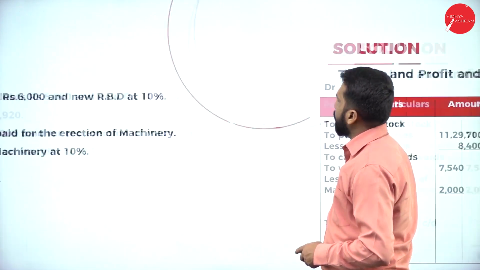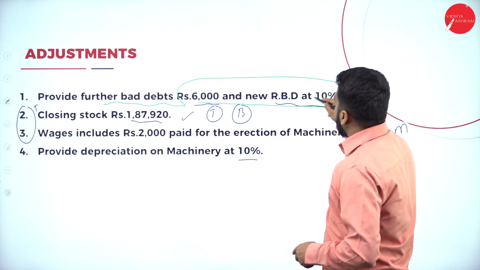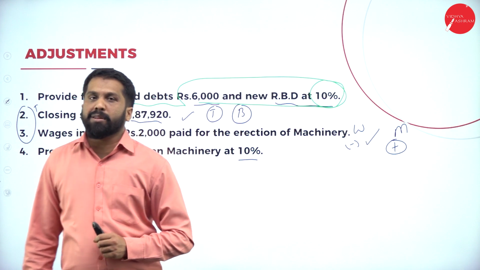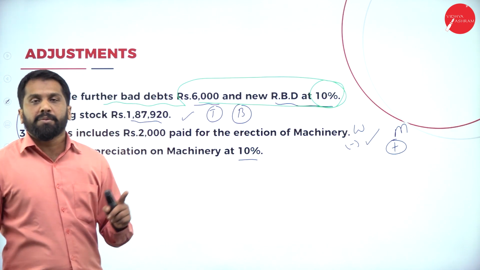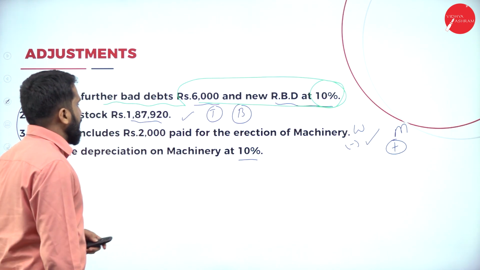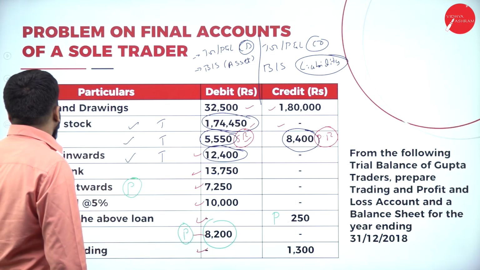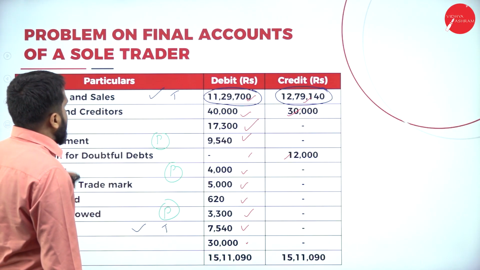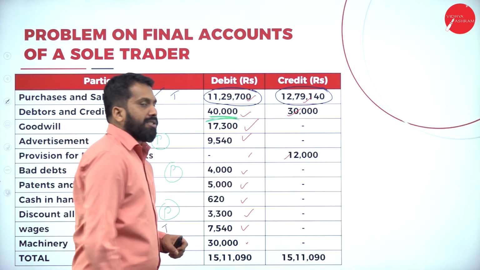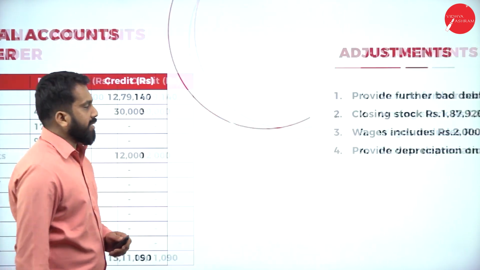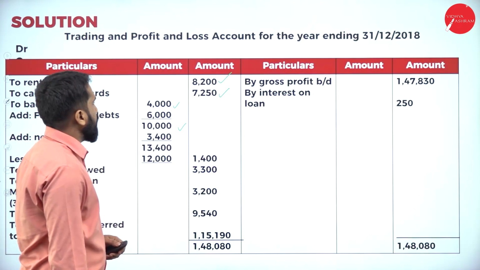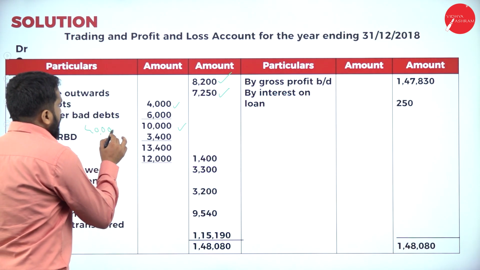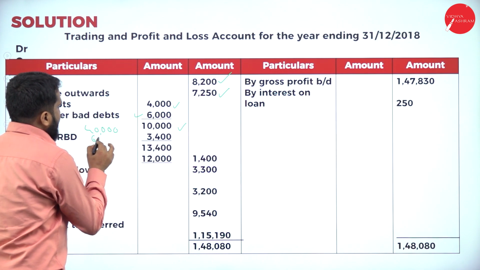Now, again, new RBD, what is RBD? Reserve for bad debts. It is always calculated on what? Debtors. What is the percentage? 10%. I'll go back. What is your debtors in this? In this, your debtors is 40,000. So we should calculate how much? 10%. I'll go back. Now, in this, out of 40,000, 6,000 already we have taken.